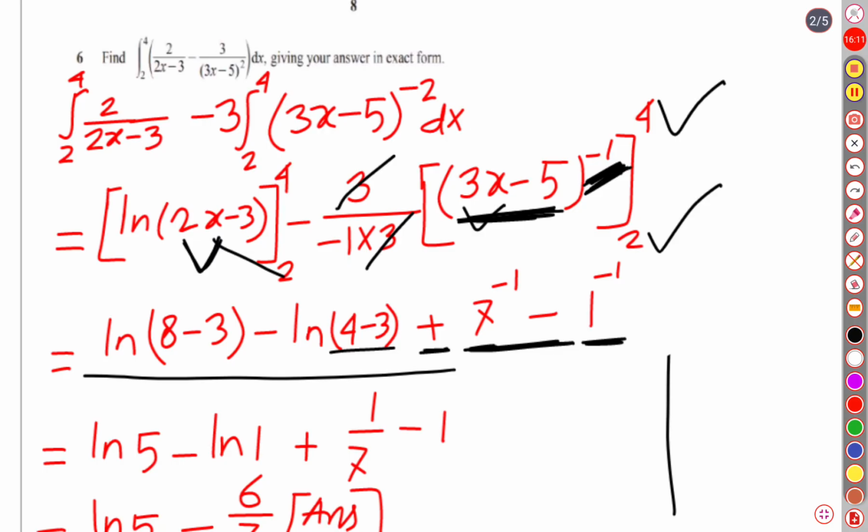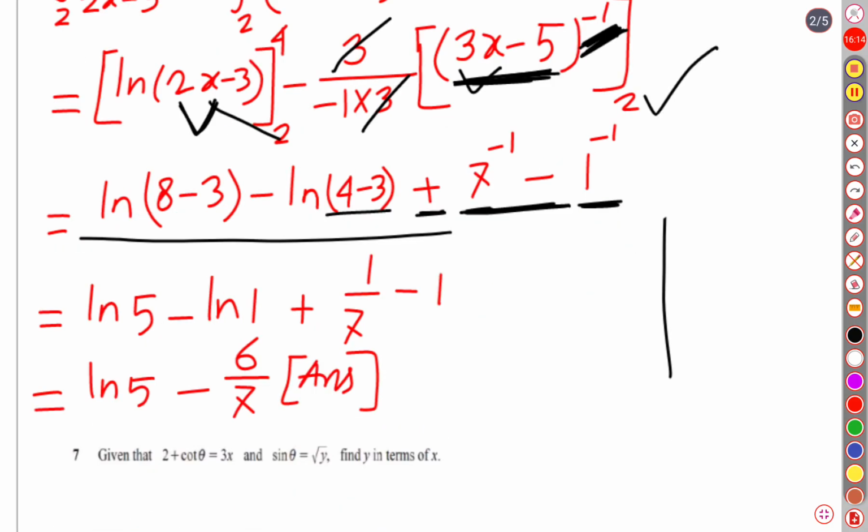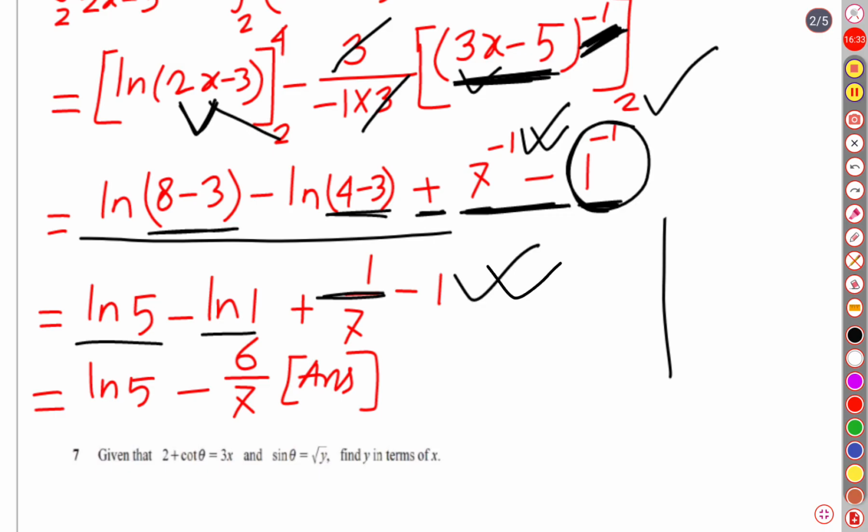After that, we are going to get ln 8 minus 3. 8 minus 3 is equal to 5. We have written 5. And 4 minus 3 is equal to 1. We have written 1. Then if the exponent is negative, it means it is the denominator. So 1 over 7, minus the exponent. Whatever the exponent of 1 is, the ultimate value will be 1. And ln 1 we know is equal to 0.